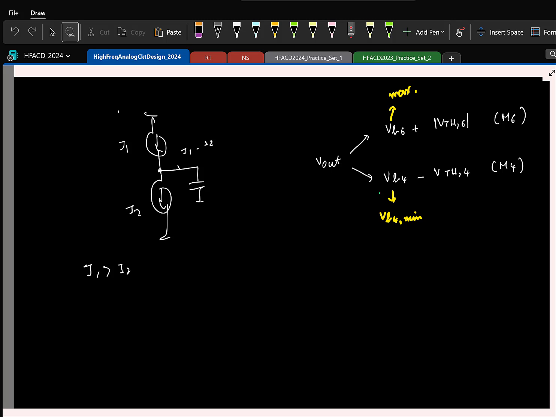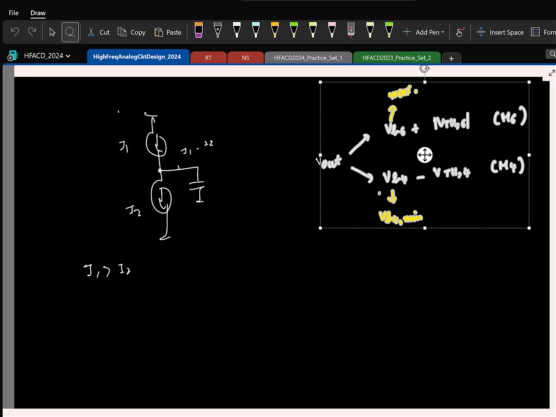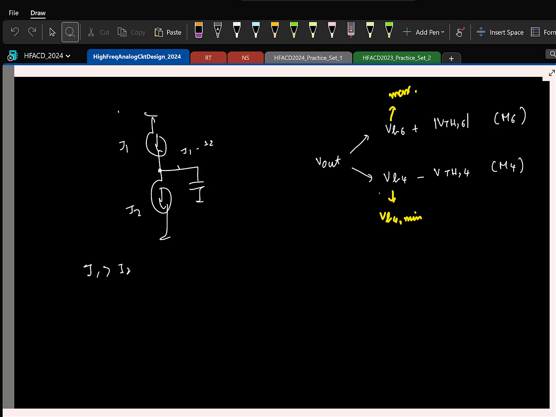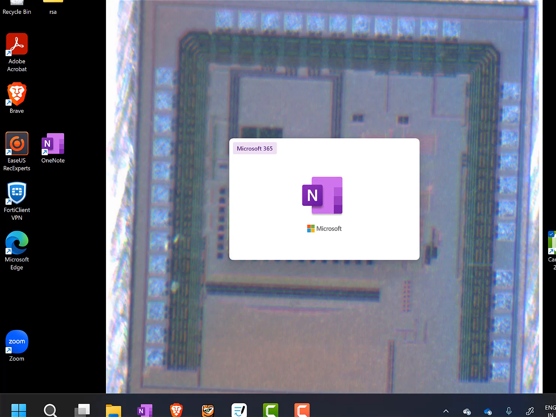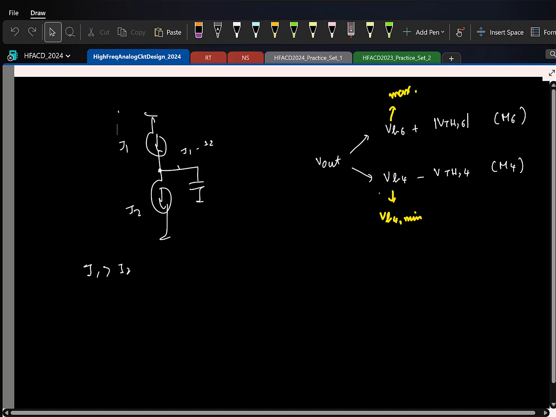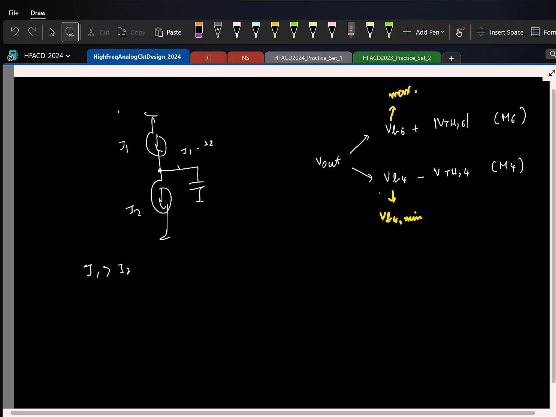To remind your memory, this was the range of voltages we saw we can have at the output. Let me just close and open it and see if it works. No improvement.